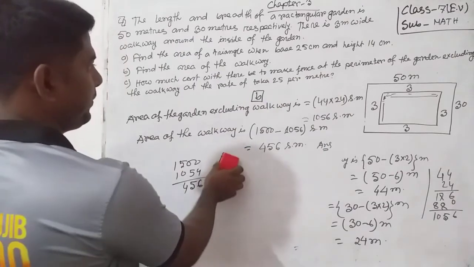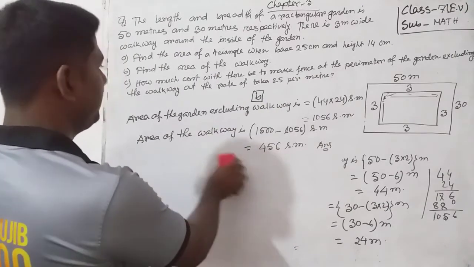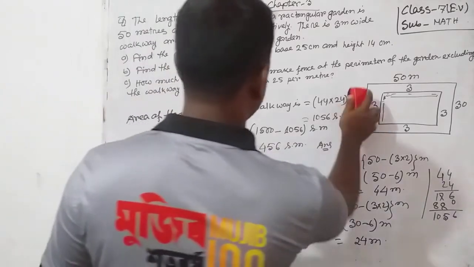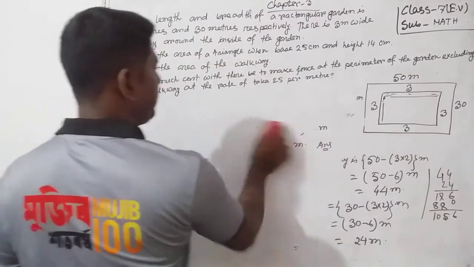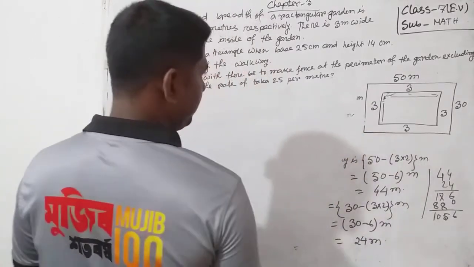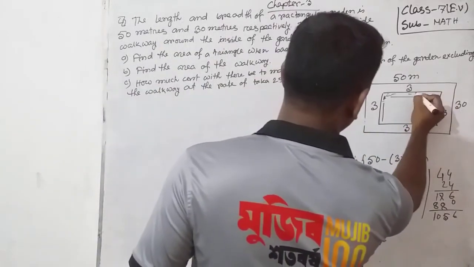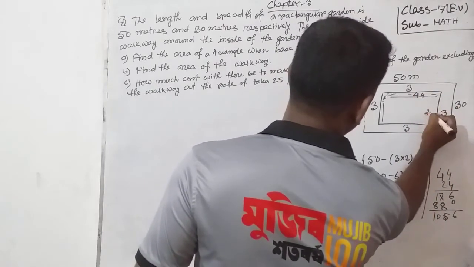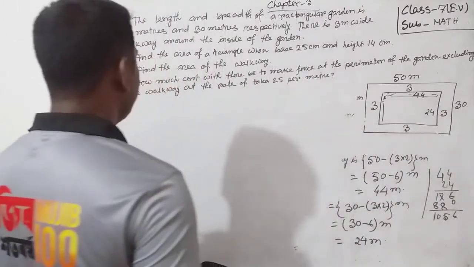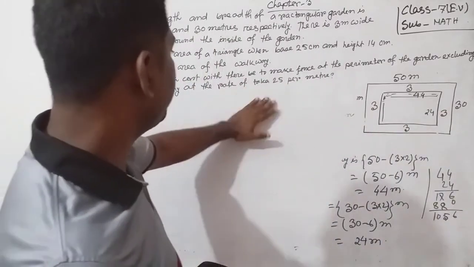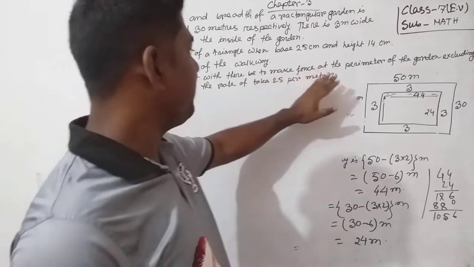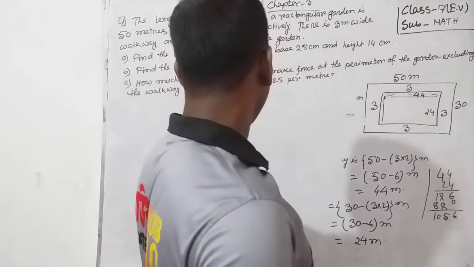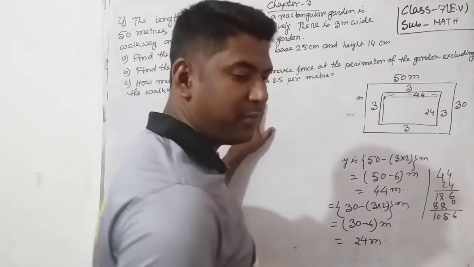Number C. How much cost will there be to make a fence at the perimeter of the garden excluding the walkway at the rate of taka 25 per meter.